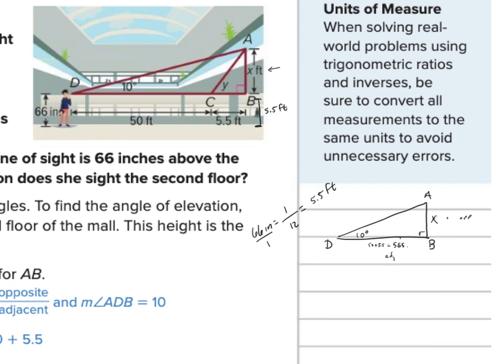This is my adjacent, so the tangent of 10 degrees is equal to the opposite over the adjacent, which in this case is 55.5 feet. So multiplying both sides by 55.5 feet, x is going to be equal to 55.5 times the tangent of 10 degrees.